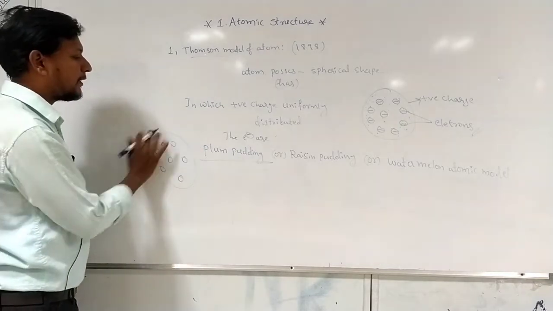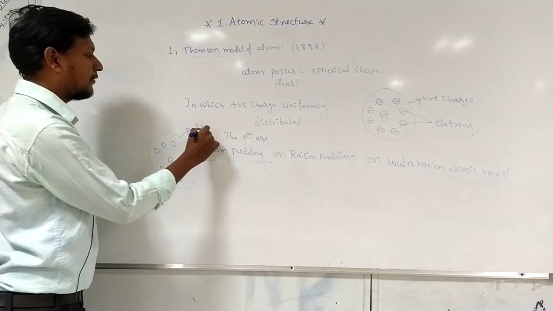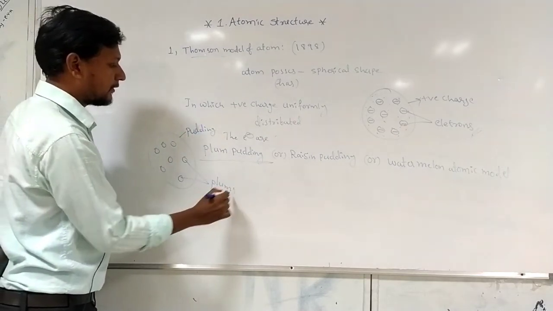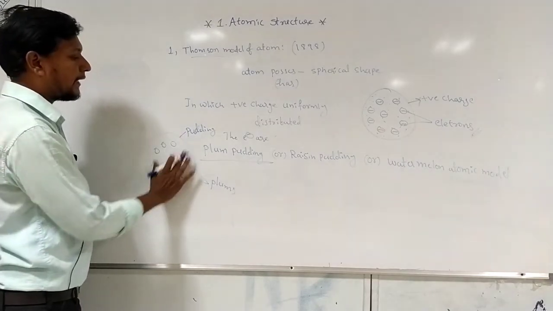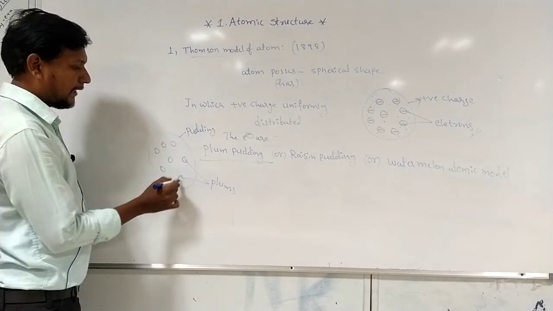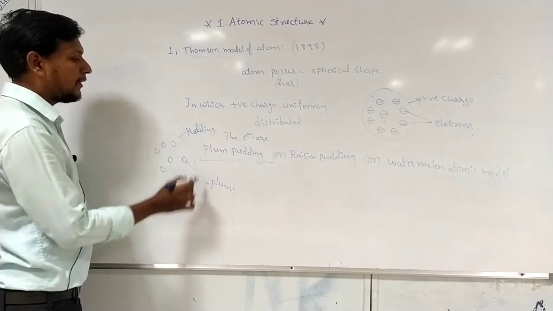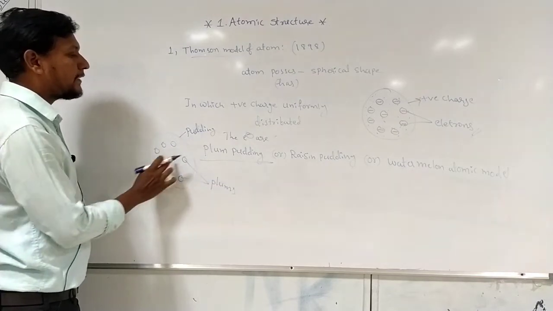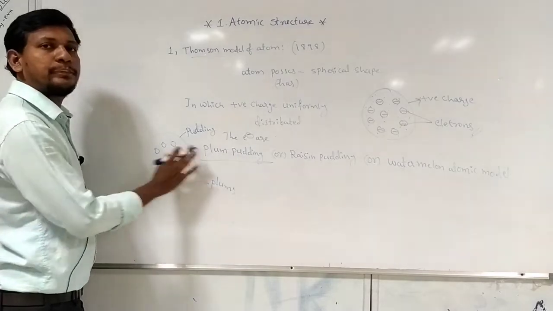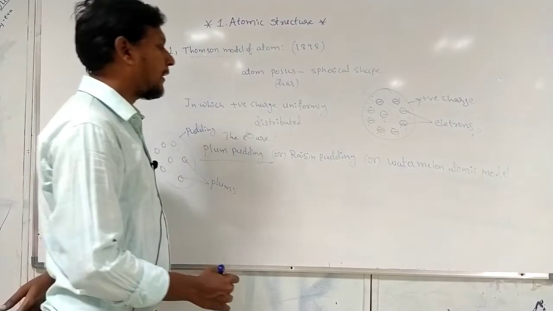The plums are considered as the electrons, arranged in pudding like plums. Pudding means here positive charge. That's why it is called the Plum-Pudding atomic model.